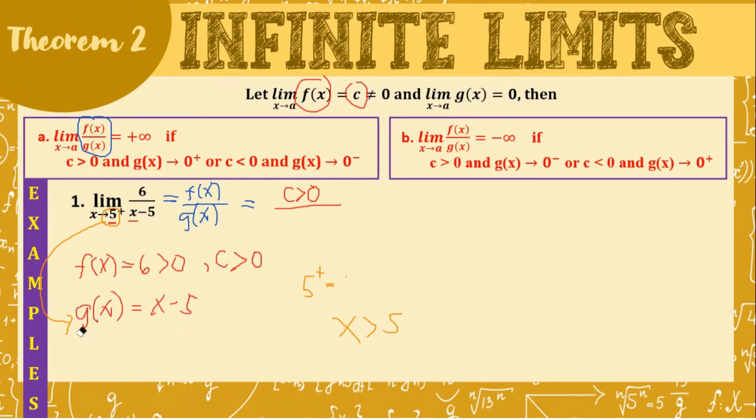O yung approach niya automatically. Hindi po, ha? Okay. So, we will substitute numbers that are greater than 5. Bakit greater than? Greater than 5 because the approach is to the right or increasing. Okay. Now, we will substitute numbers that are increasingly equal to 5 or increasing or greater than 5.